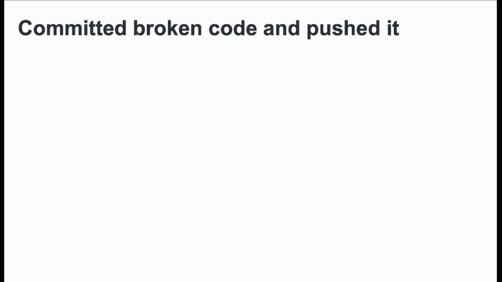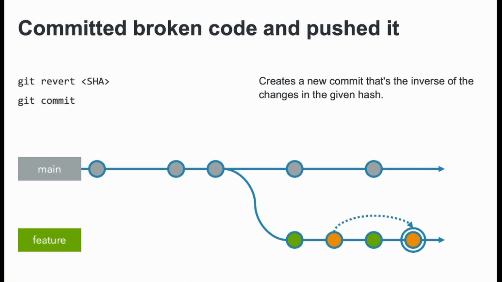I guess that happens quite often. Well, at least in my first developing years, this happened to me very often. And the way to undo this is to do a git revert.